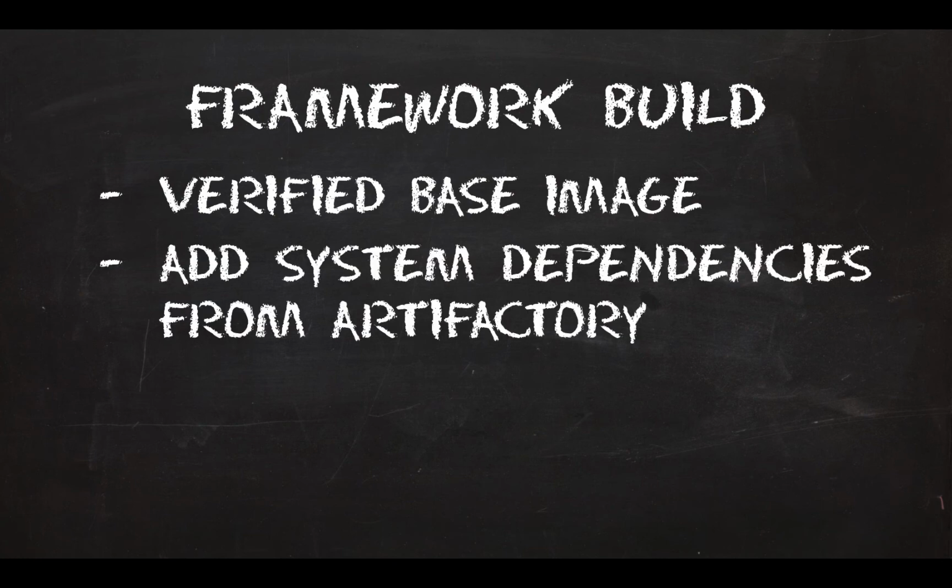We add system dependencies, which are, as I mentioned, JDK and WildFly in our example, and we of course bring them from our own in-house repository, because this is how you guarantee it won't be changed to something else between different builds, right? You have your own cache, you have your own in-house repository from which you bring dependencies.